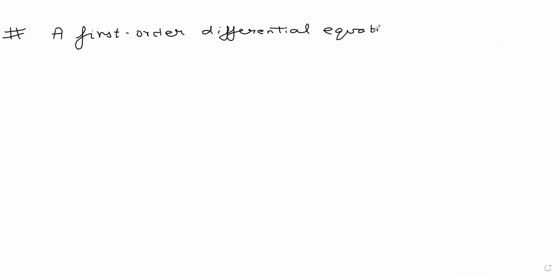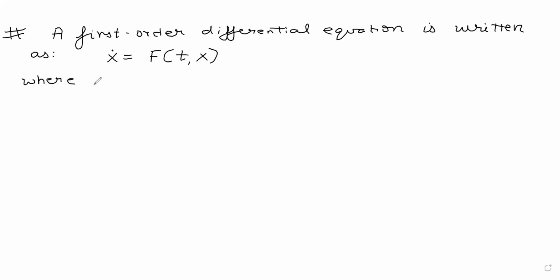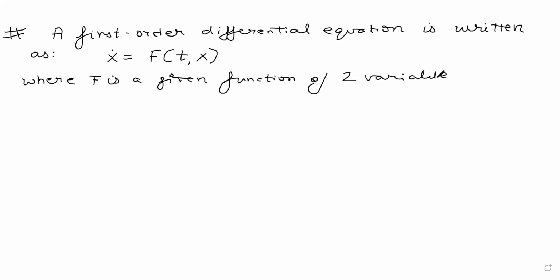A first order differential equation is written as x dot being a function of t and x, where f is a given function of two variables, and x as a function of t is the unknown function.